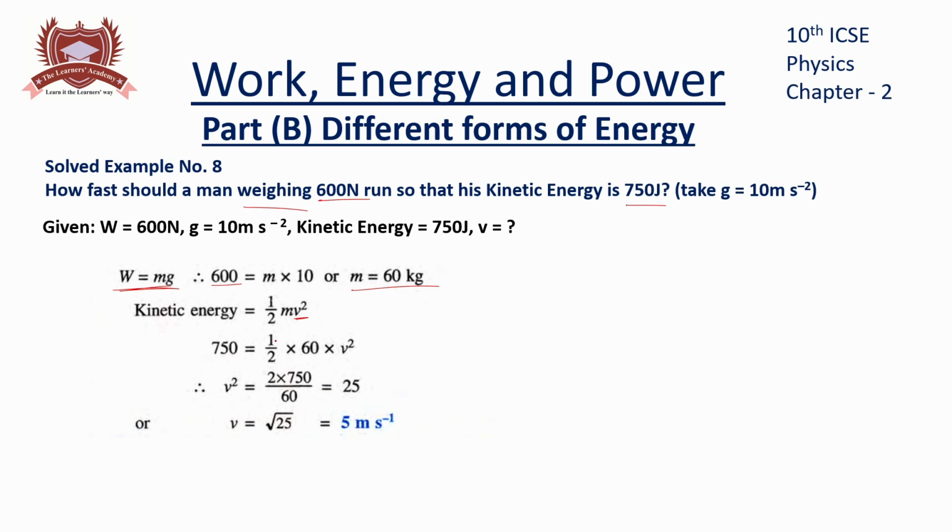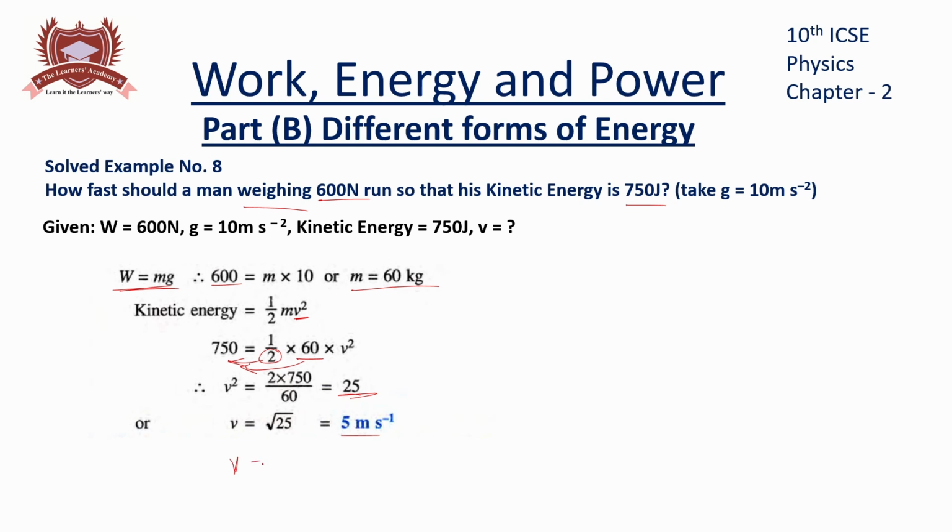So 750 equals half times 60 times v square. We can take the 60 to the other side, it would get divided, and the 2 on the other side would get multiplied. So we'd end up with v square is 2 times 750 upon 60. Calculating, we'd get v square is equal to 25, or v would be equal to 5 meters per second.